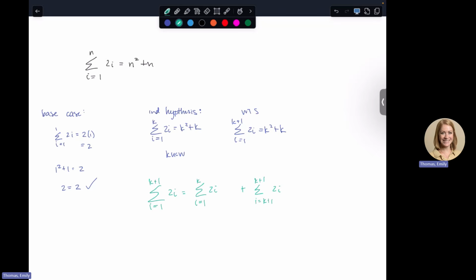This thing you use the inductive hypothesis for. So this is k squared plus k, and then this is 2 times k plus 1. Then you've got to make this look like, I messed this up right here, folks. Thank you. This should look like this. I'm so sorry. That's where we're headed, so we have to work with this to make it look like that.